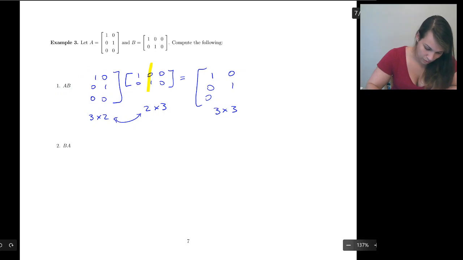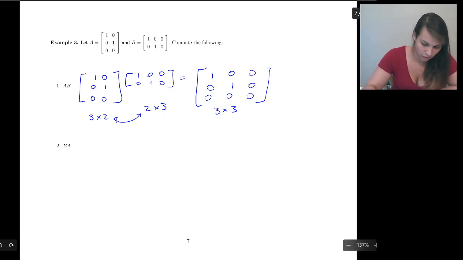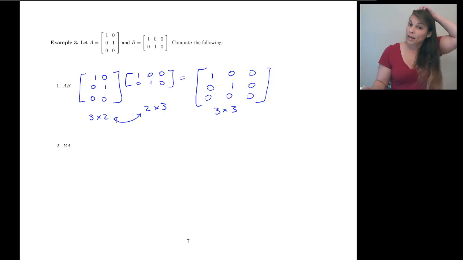And then last one is, of course, 0 times 0, and then 0 times 1, so it's 0. And then last entry, you've got a 0, 0 here, and so I'm sure it's no shock that all of these are 0. Okay, so that's A times B.